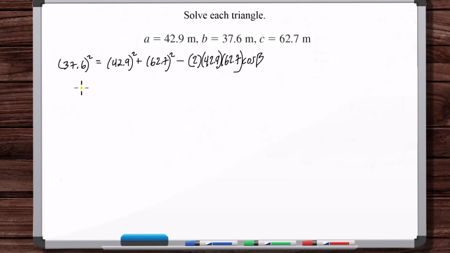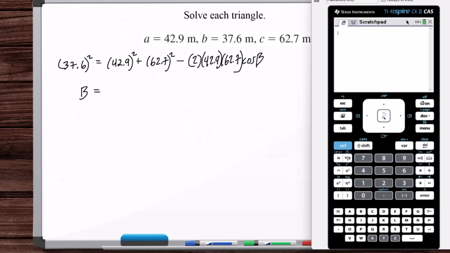Okay, so B is equal to, let's do 42.9 squared plus 62.7 squared minus 37.6 squared. Now divided by 2 times 42.9 times 62.7. So there's cosine of B.